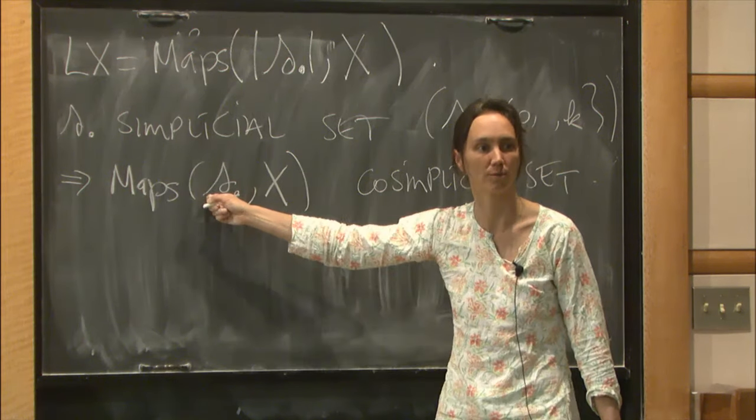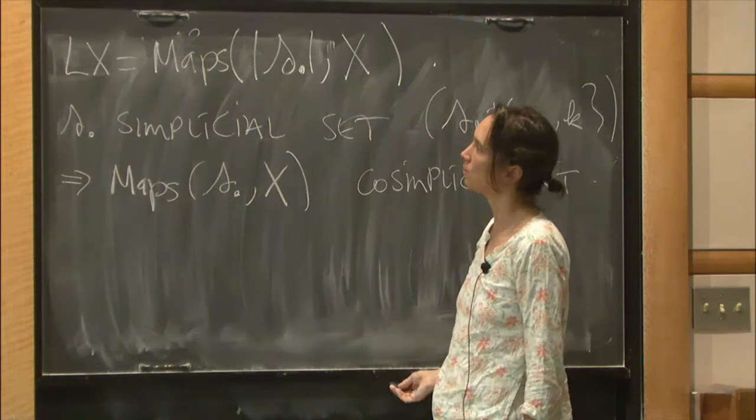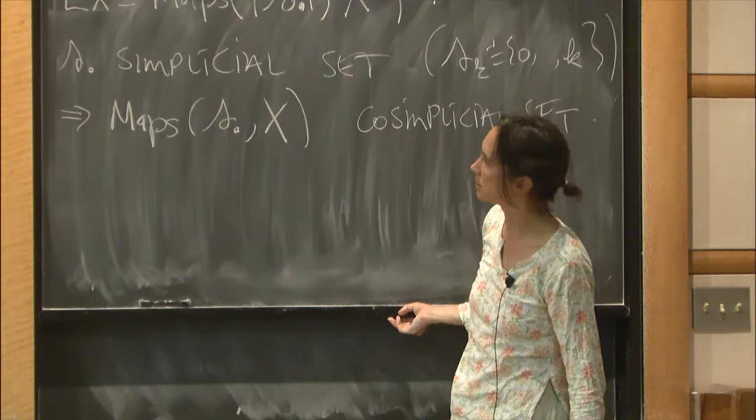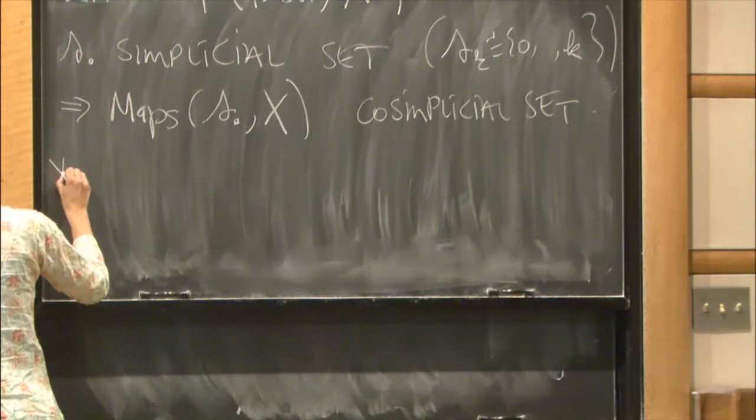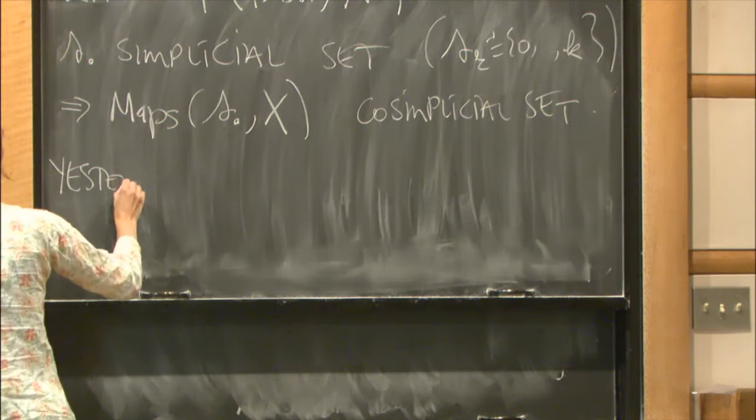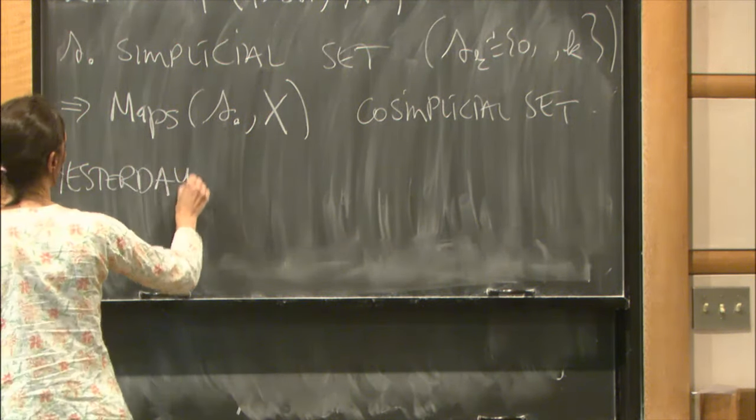Okay, so there's something going on. And what I finished with yesterday was to say that, at the end, I wrote some complicated formula for the loop space, right?